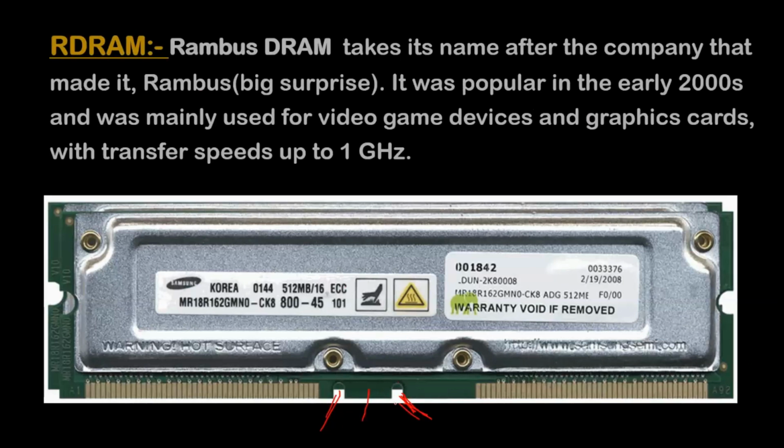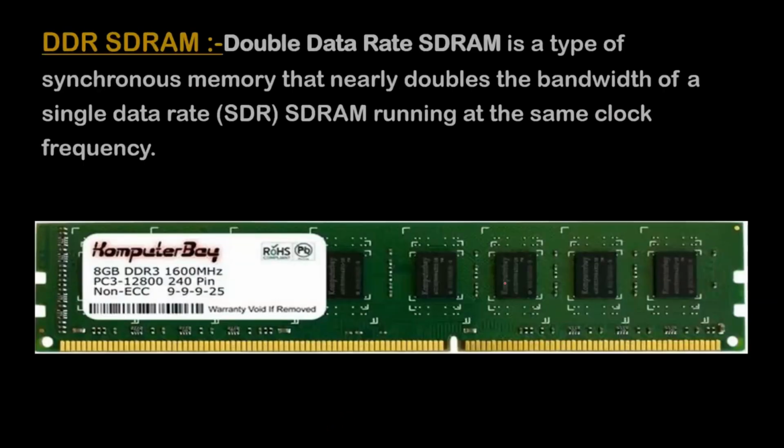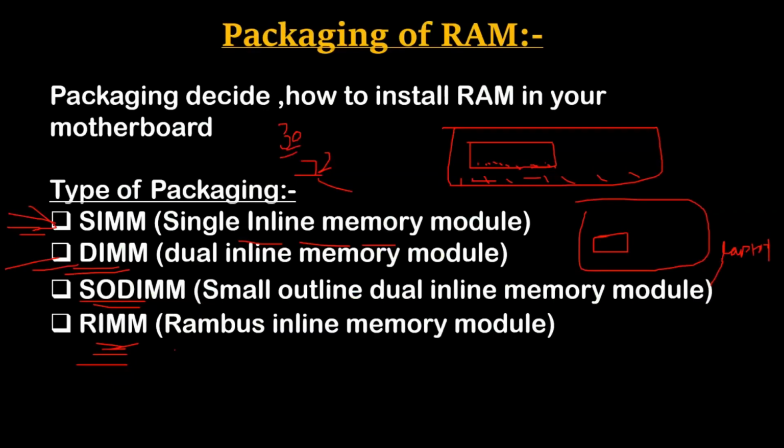In RDRAM, we have two notches available in the middle of the RAM, and in the DDR series, we have only a single notch available. That's why for RDRAM we have to use this type of packaging, RIMM packaging. In that RIMM packaging, you will find two notches, and in this DIMM you will find only a single notch, and in this SODIMM also you will find a single notch. So that is called packaging.